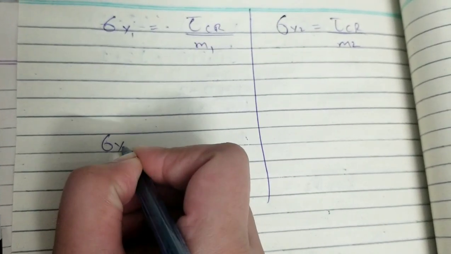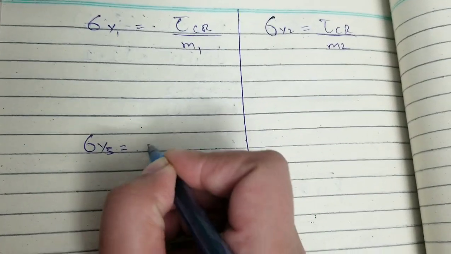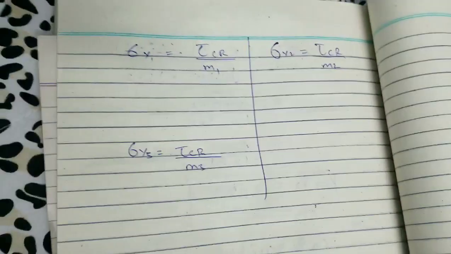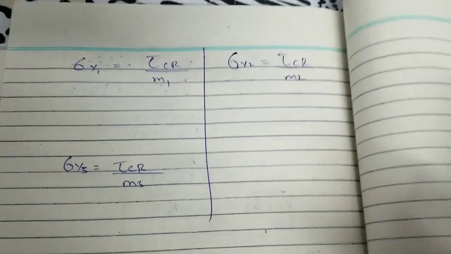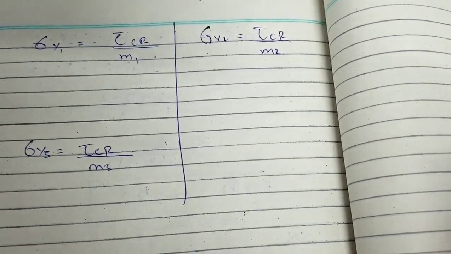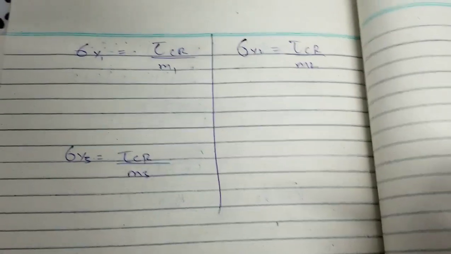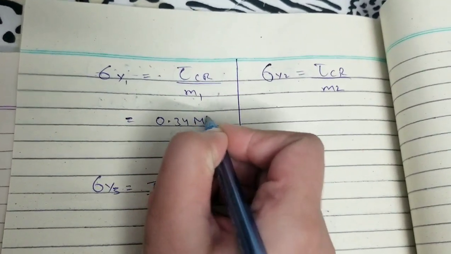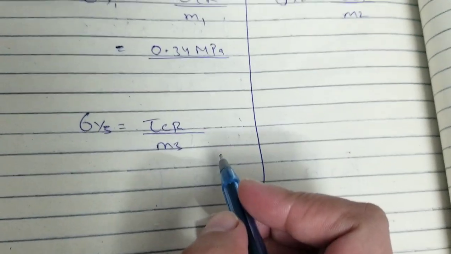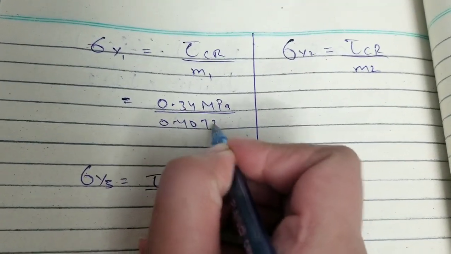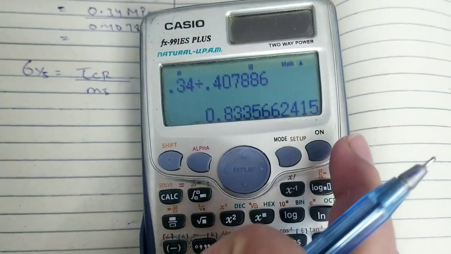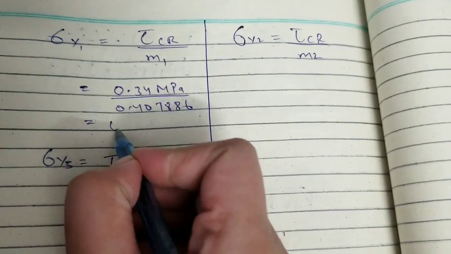These values will help us determine which kind of deformation is possible when the normal stress of a certain value is applied, which I think is 0.75 megapascal. So let us put the value 0.34 megapascal divided by m1, 0.407886. Let us divide both of these values.